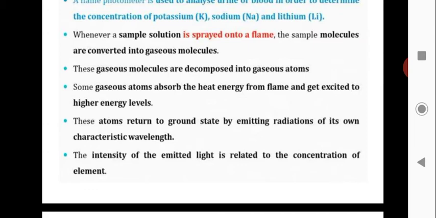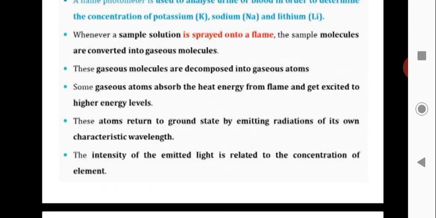In this higher energy level, this particular sodium is unstable, so it tries to return to the ground state by emitting a particular wavelength. The intensity of the light emitted by the sodium on returning to the ground state after absorbing energy from the flame is analyzed, and from that we can find the intensity of the light emitted, which is related to the concentration of the sodium ions.